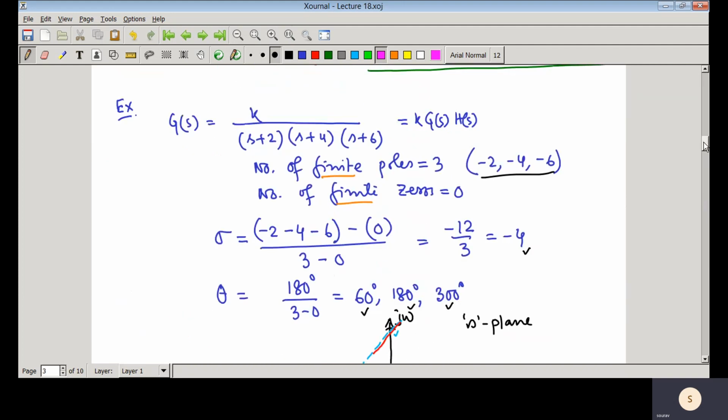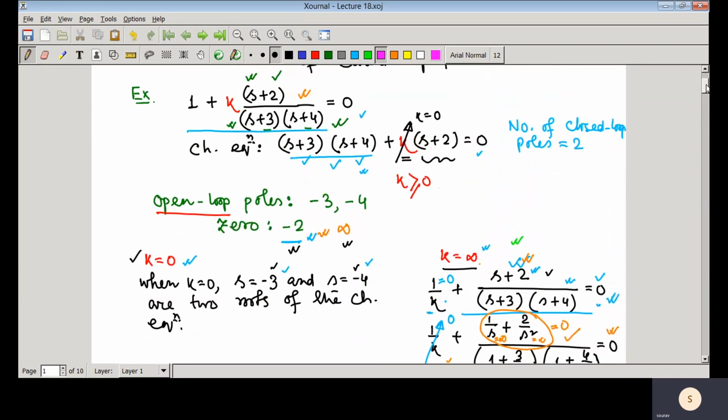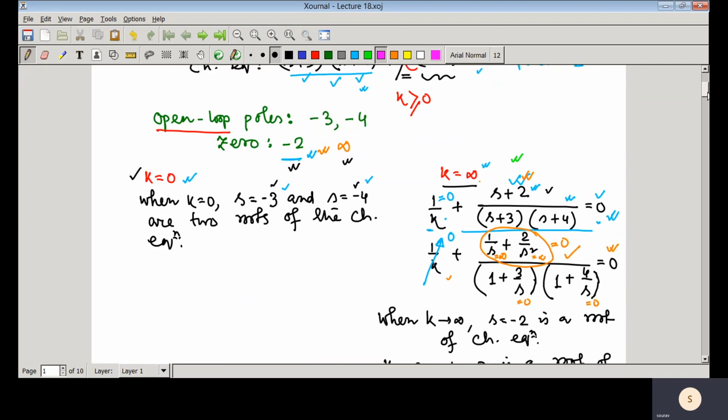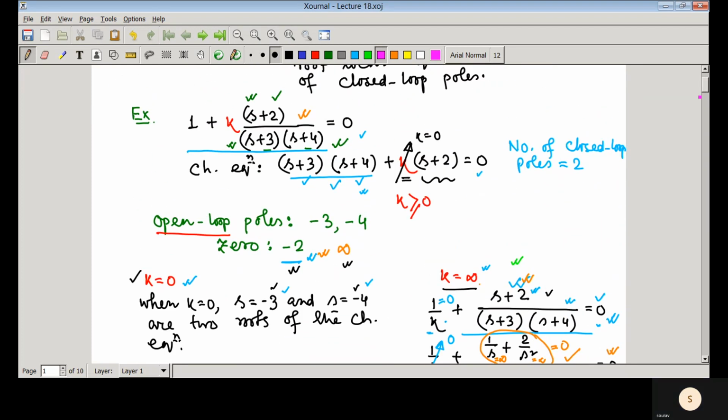So let us summarize the rules for sketching the root locus. First of all, the number of branches. The number of branches is equal to the number of closed loop poles. And the second one is how the root locus varies.